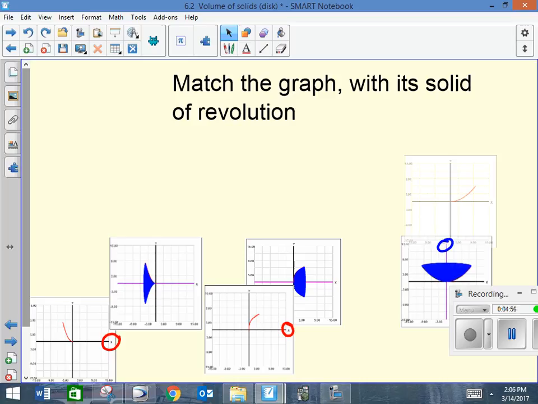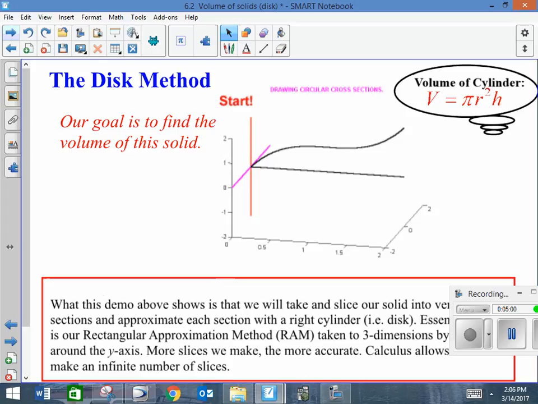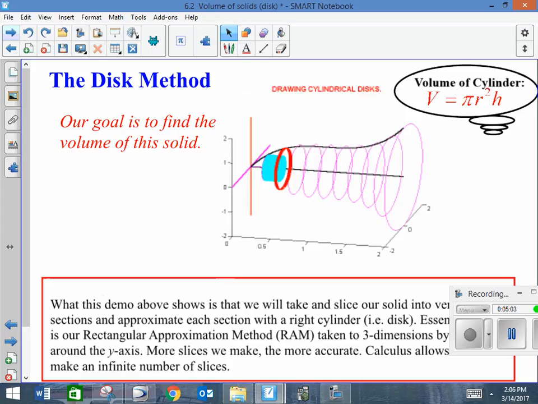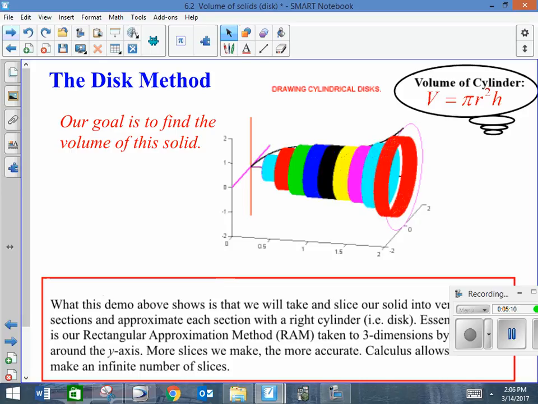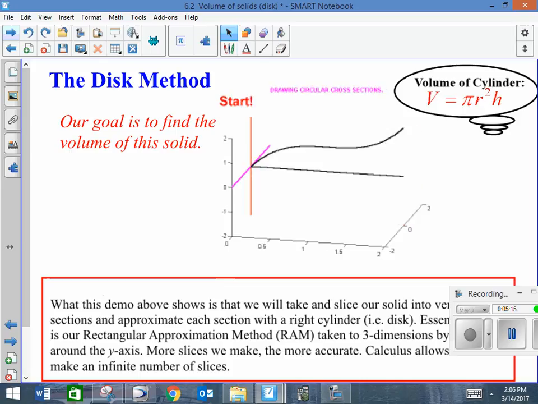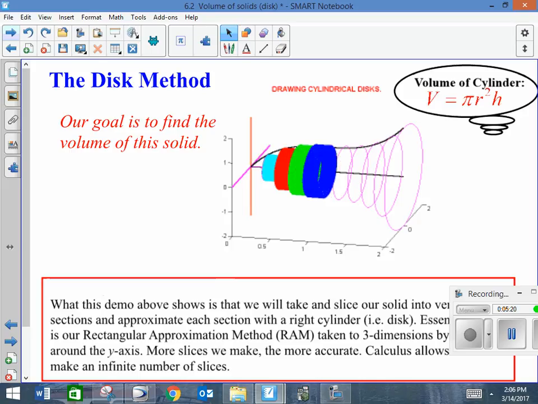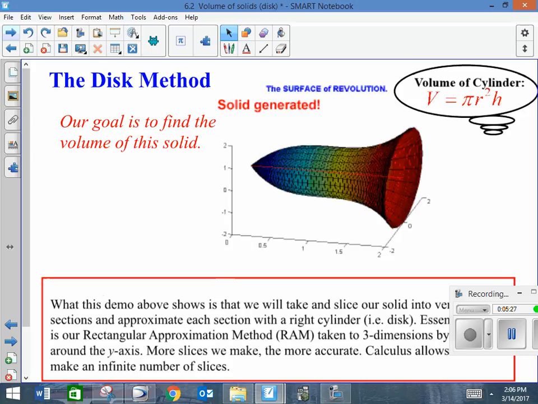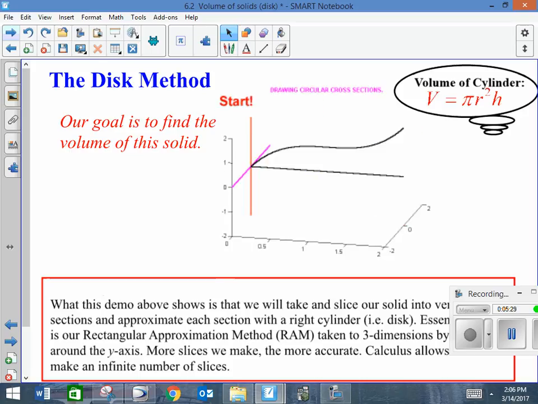You don't have to figure that out. This is the solid where you can actually see the discs. The discs here are very fat. What you have to remember is that when you slice it up, you are finding little skinny discs, almost like CDs, except they won't have a hole in it.